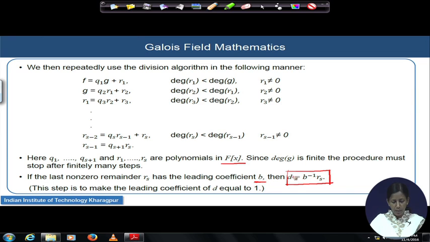This step is to make the leading coefficient of d equal to 1, because this relation is universally true. If you can prove that the division algorithm holds good and you reach a feasible stop point, you are able to find all the other polynomials over the field F[x].